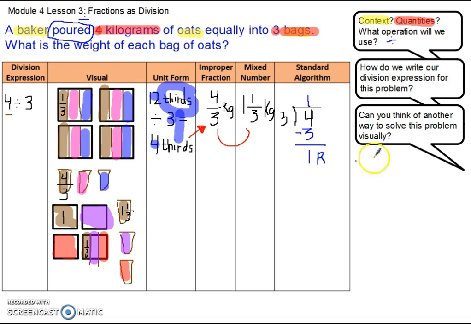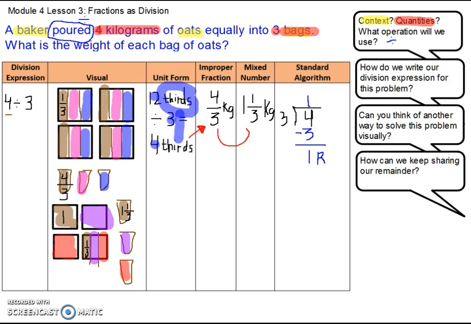remainder, and I want you to think about how can we change this remainder into a fraction. Another way to think about this is how can we keep sharing our remainder? And we know that we have a remainder of 1, which, since it's a whole number, represents 1 whole. And we want to share it into those 3 parts. So similarly, like we do over here in this visual, we break it into 3 parts. And we know that each of those parts is 1/3.